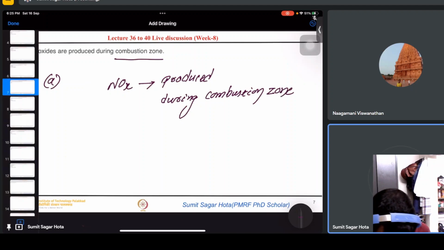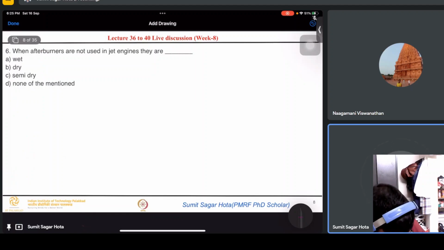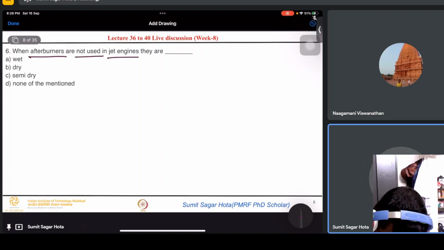Next question. When afterburners are not used in jet engines, they are what? Afterburners, if not used in the jet engine, then there will be two options.